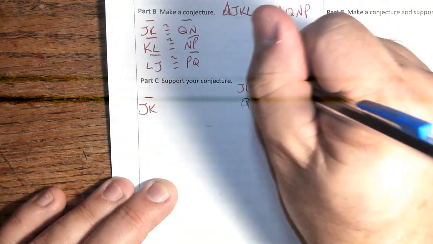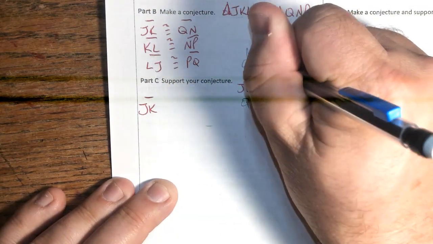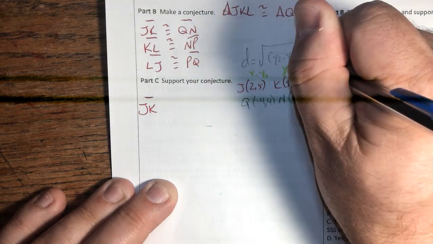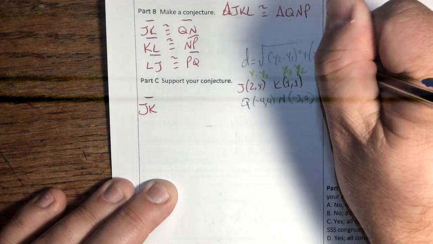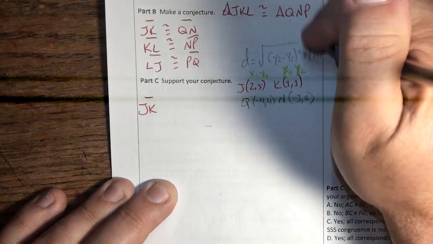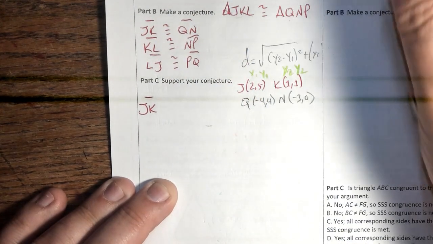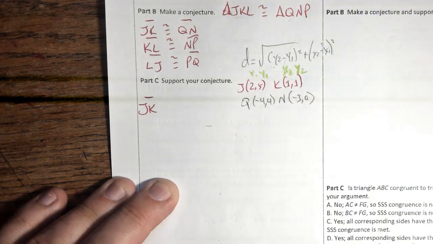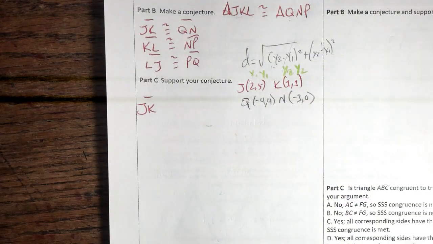The distance formula, I'm going to write it above here. The distance formula is the square root of y sub 2 minus y sub 1 squared plus x sub 2 minus x sub 1 squared. So see, we're already messing with space here.